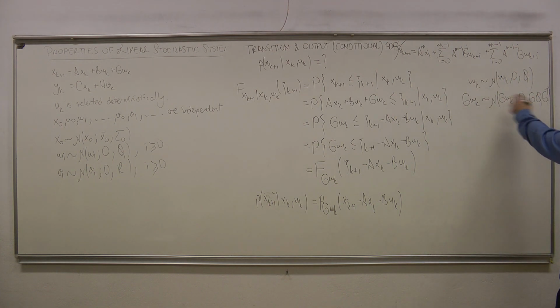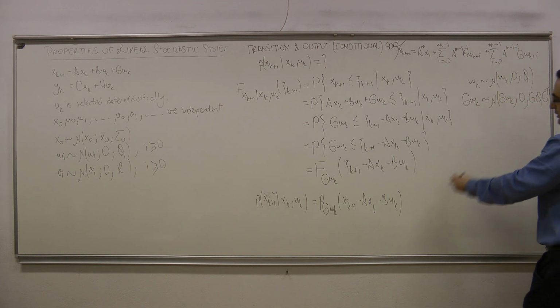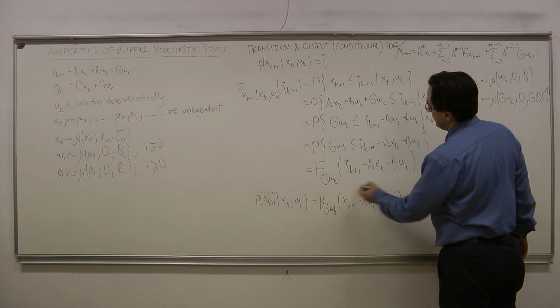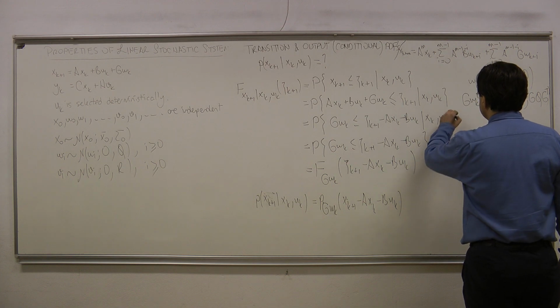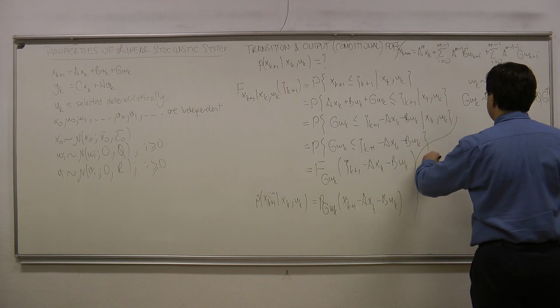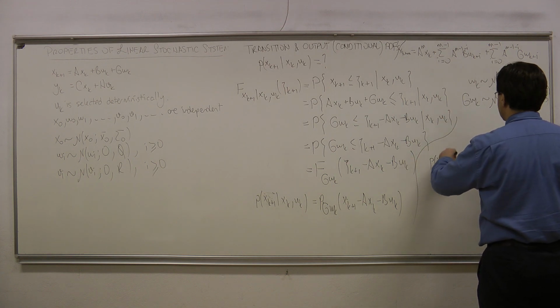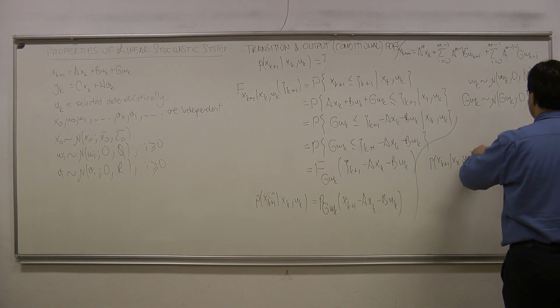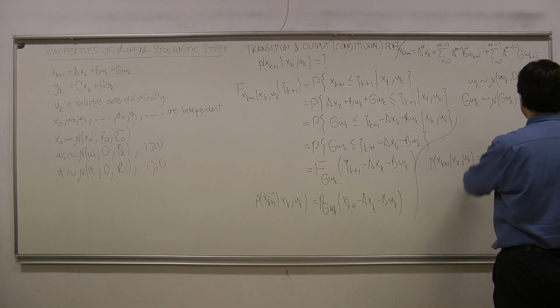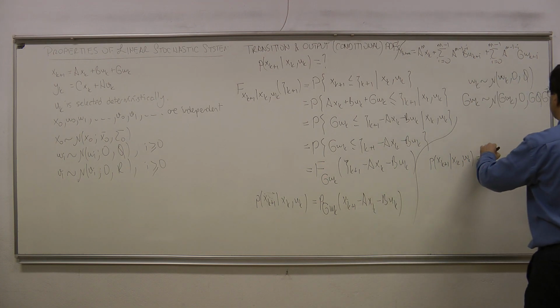Okay? So that is GWK distribution, and now instead of GWK I will substitute this quantity inside the parentheses. Okay? Let us do that. So I have P xk plus 1 given xk uk is equal to normal. Instead of GWK, I'm substituting this.